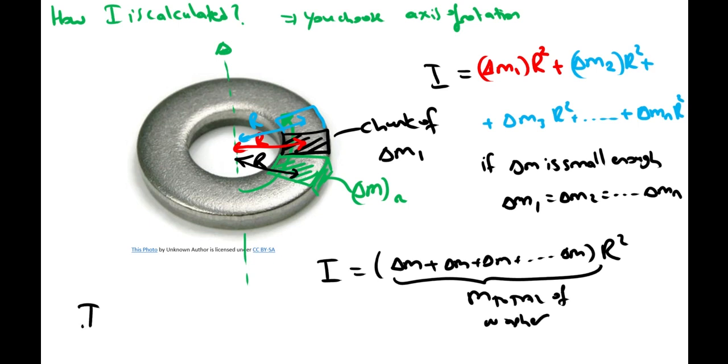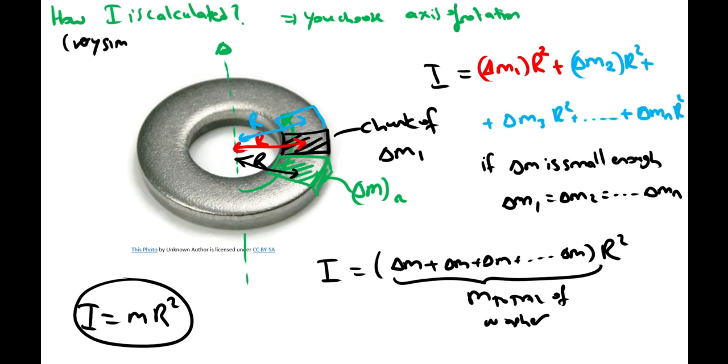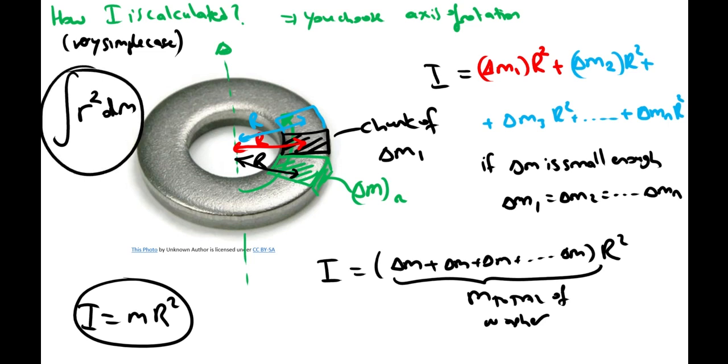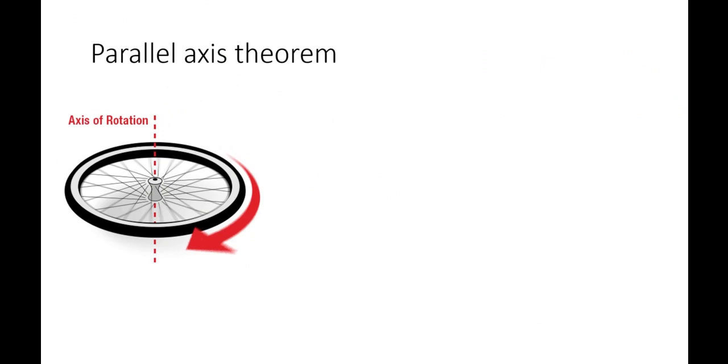The final result is that I is m r squared. That is how you do this I calculation, but this is a very simple case. For more complex cases, you will do the r squared times the m. Next recording, I will talk about the parallel axis theorem.